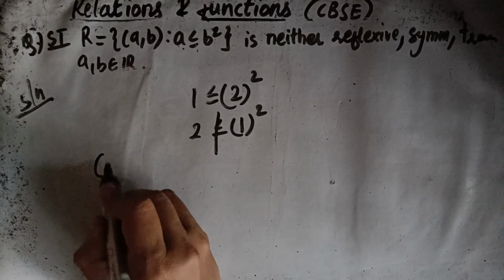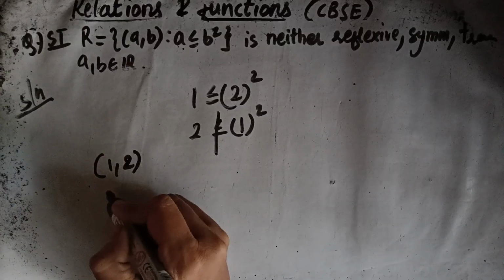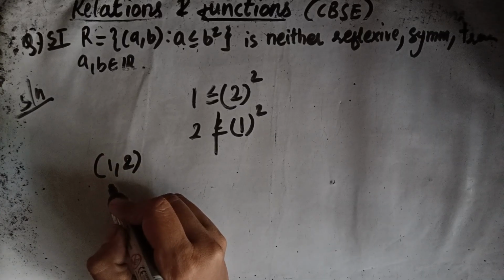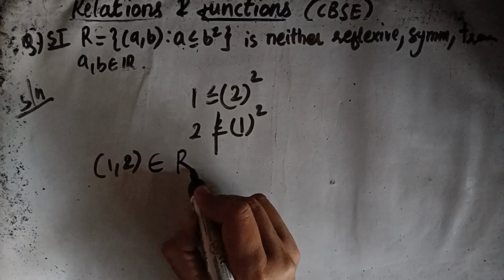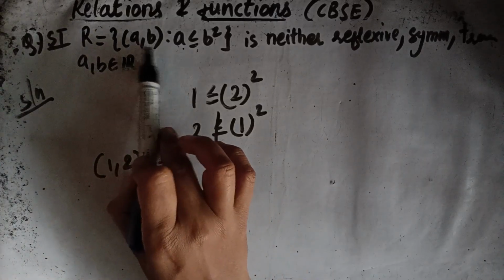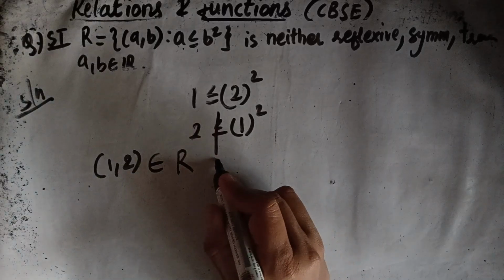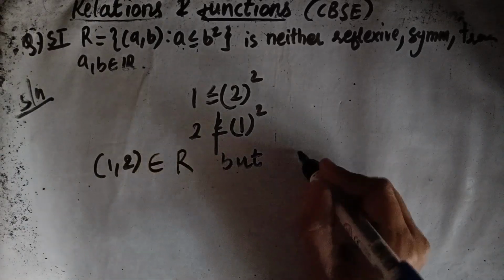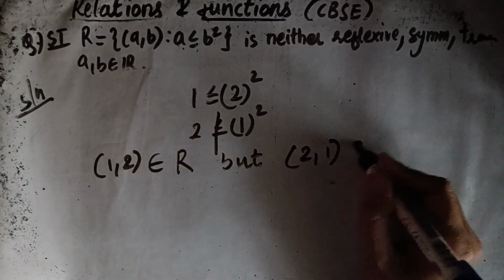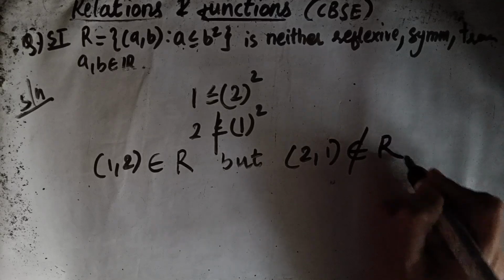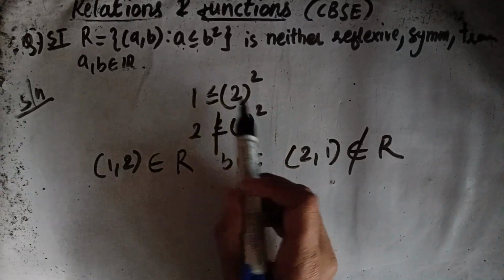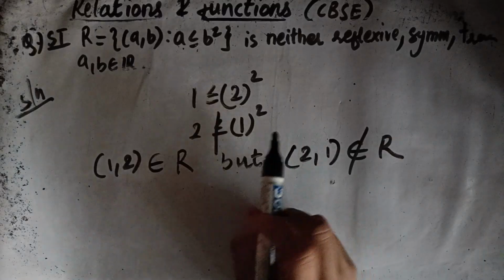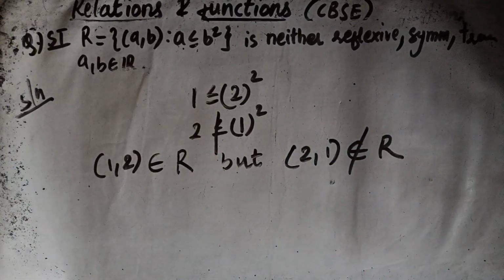So if you take (1, 2), it belongs to the relation set, but (2, 1) does not belong to the relation set. You can show it by proving the condition. Okay, so it is not symmetric.